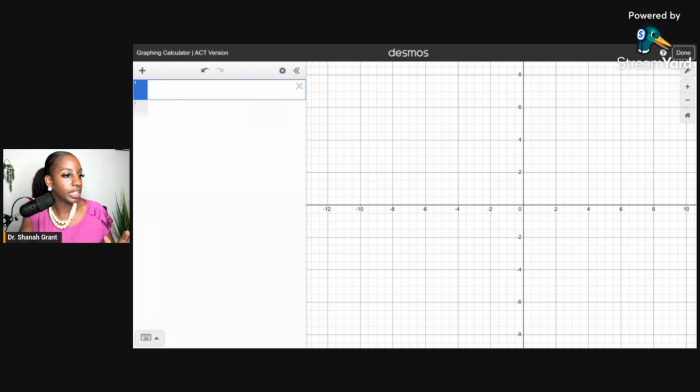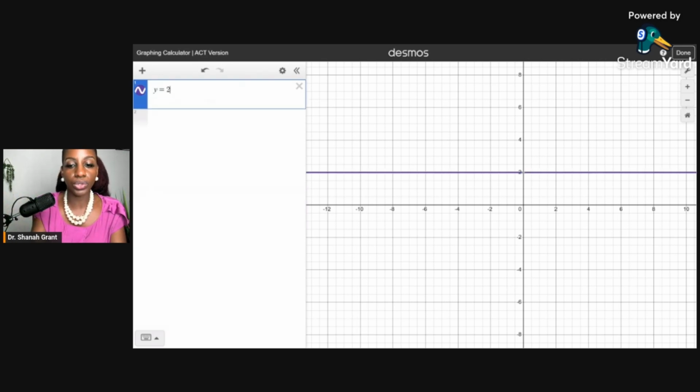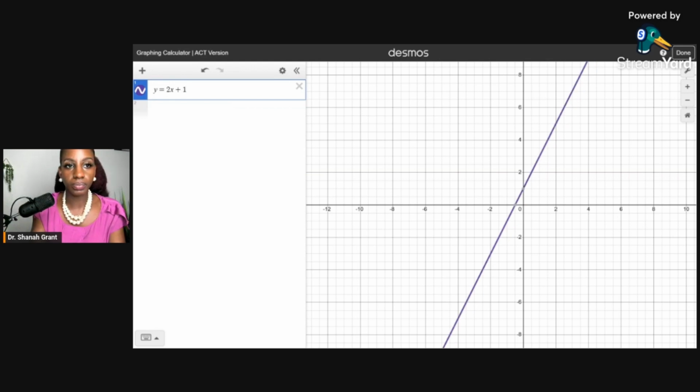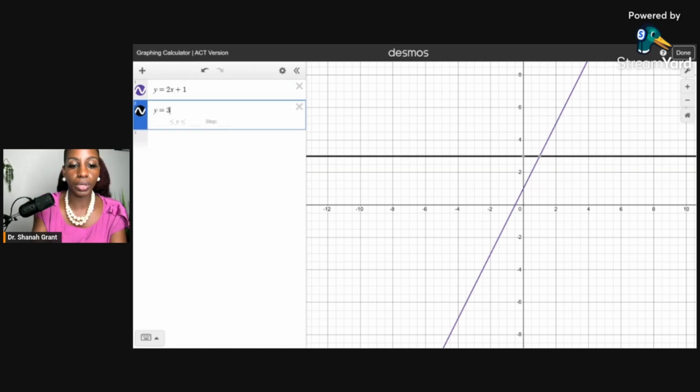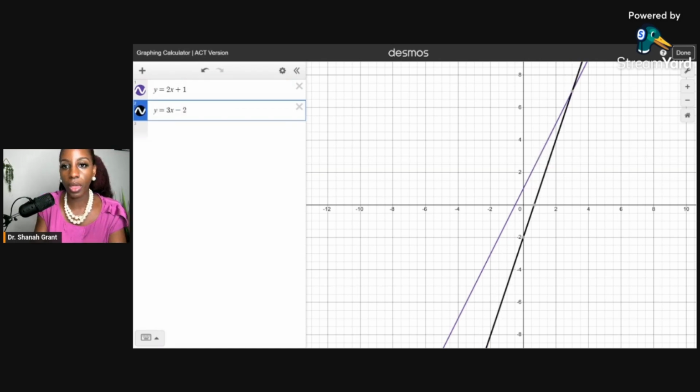Desmos will not recall or know what f of c is, so we can say y equals 2x plus 1, that's the first one, and y equals 3x minus 2.